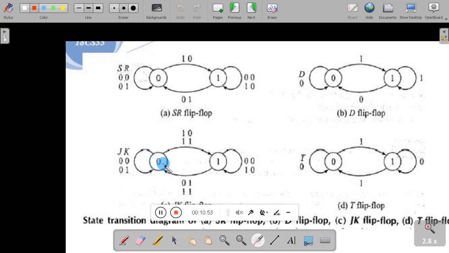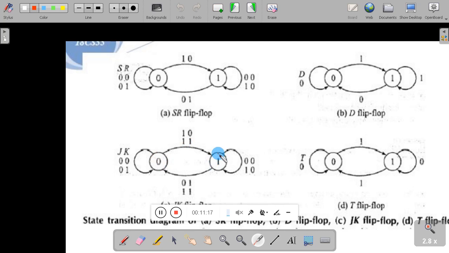That means it will remain in this state only. To move from 0 to 1 state, the value of JK should be 1 0. When the value of JK is 1 0, it will move from 0 to 1. And when the value of JK is 1 1, then it will also move from 0 to state 1.